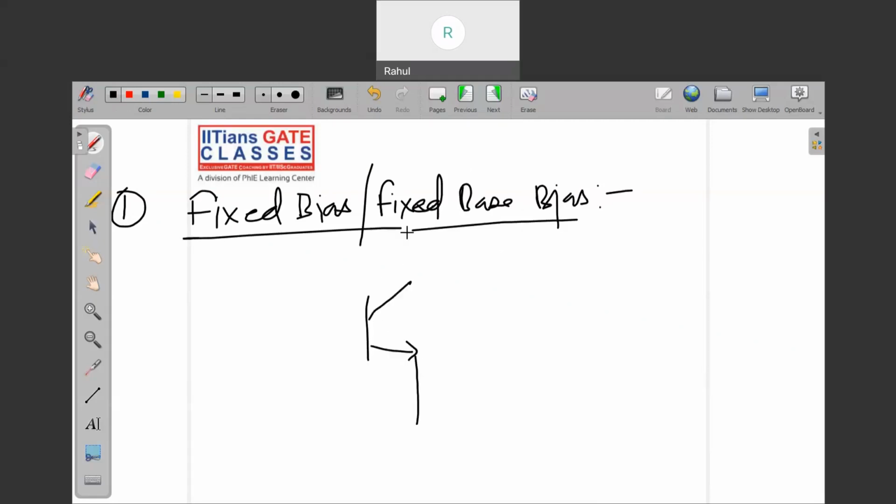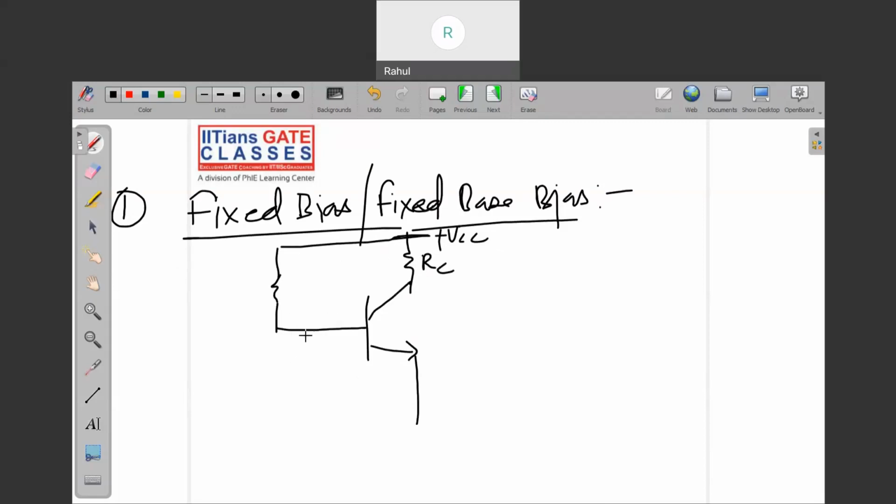There is a common emitter, and we are going to use a single supply now. So this is a single supply, plus VCC, and we will give the supply from the single supply only, using one resistance, right?